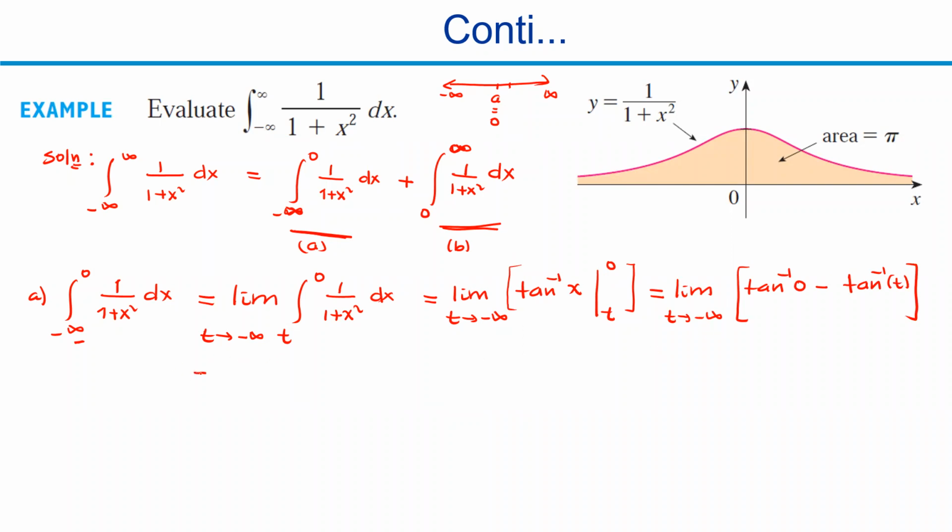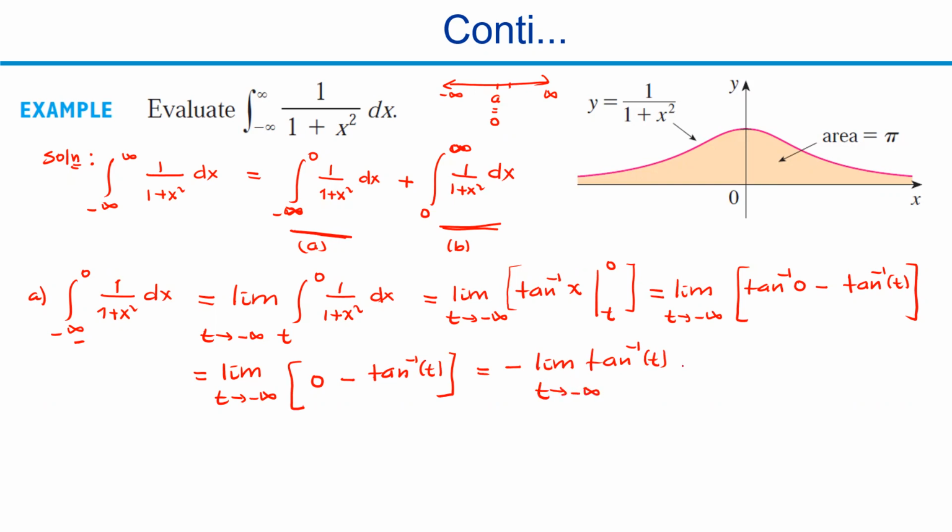So let me come back here. What is tan inverse of 0? I hope this is simple. It is an elementary concept. As t goes to minus infinity, tan inverse of 0 is 0, minus tan inverse of t. So this is simply minus the limit of tan inverse of t as t goes to minus infinity.